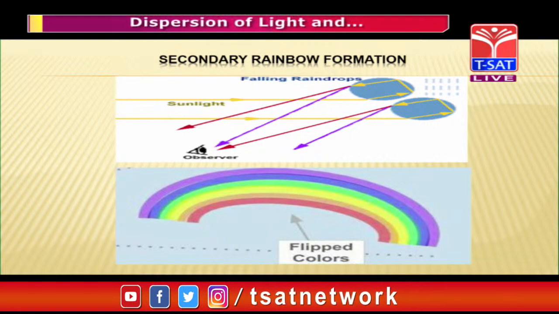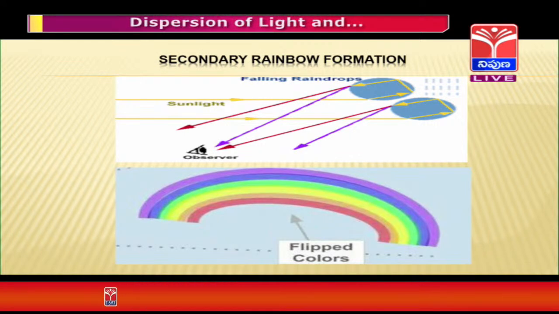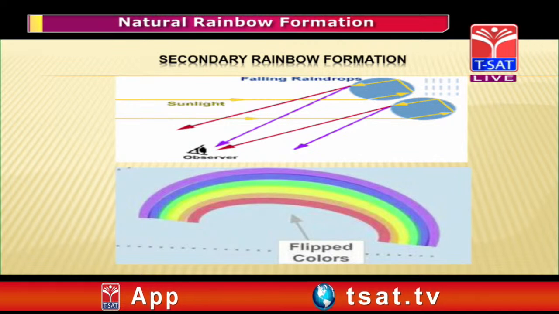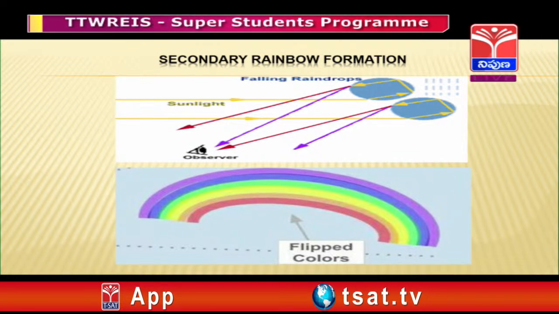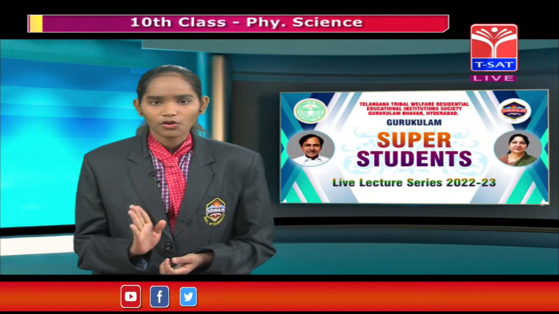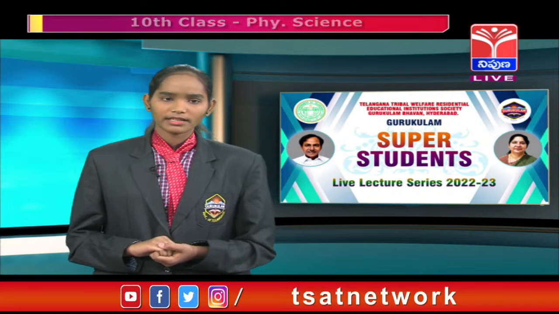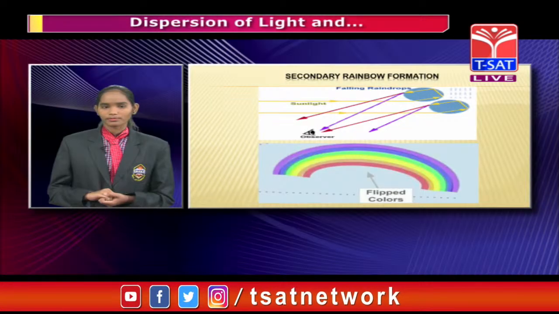The violet light from drop 1 and the red light from drop 2 reach the eye of an observer. So, he can see that the rainbow contains the top portion violet color and the bottom portion red color. Then a secondary rainbow is formed.